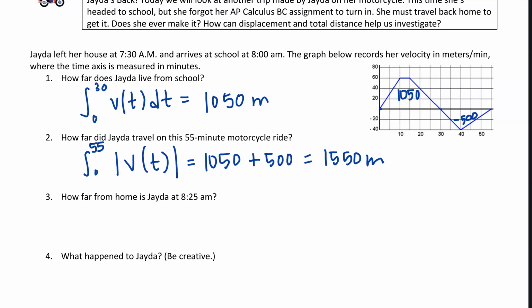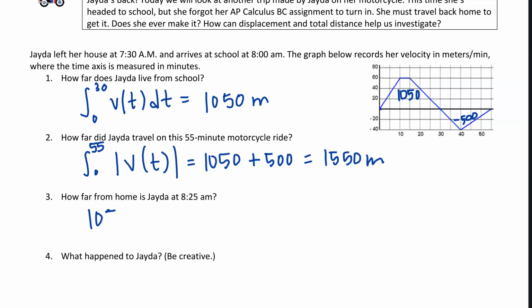So how far from home is Jada at 8:25? So at 8:25, what am I going to do? So how far away is she from home?